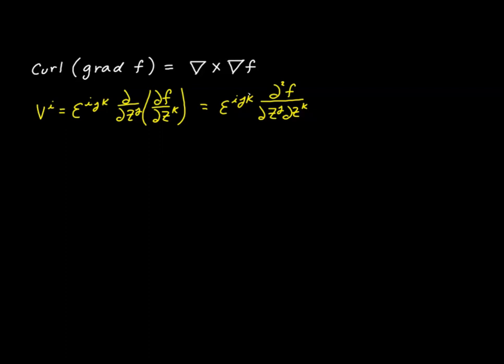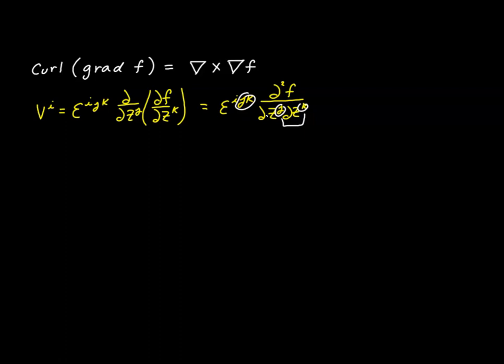In this term, we have two indexes that are antisymmetric with respect to this first factor. But in this term, j and k are symmetric. We can swap the order of the differentiation without changing the sign or the value of this particular factor. Okay, so that means that this expression has got to be equal to 0.